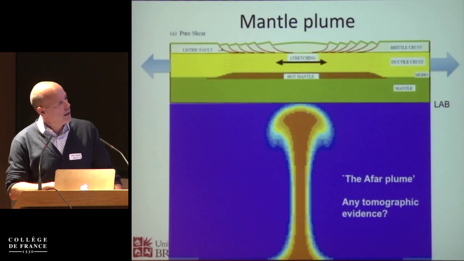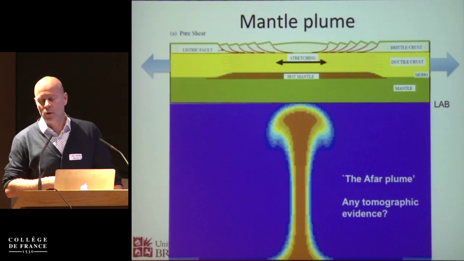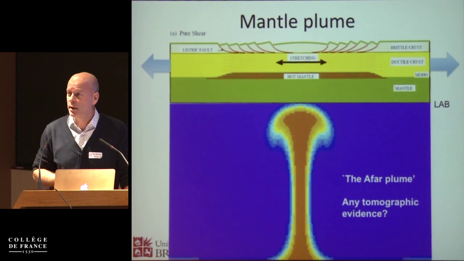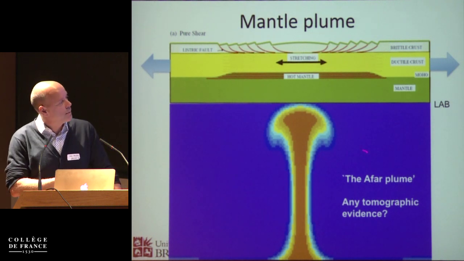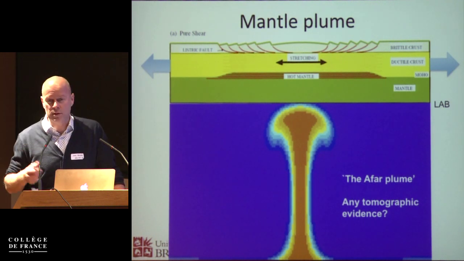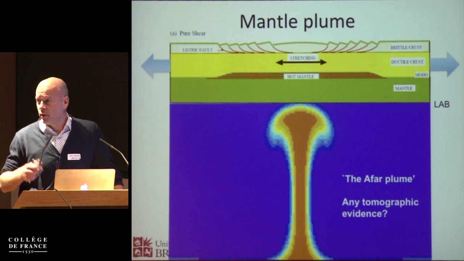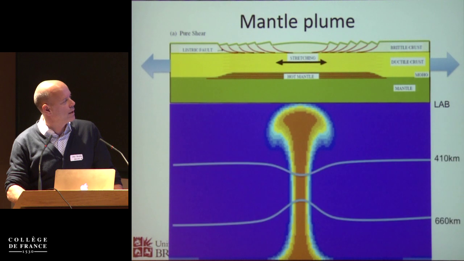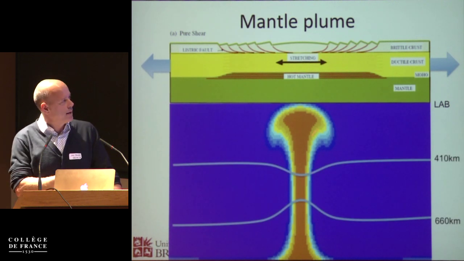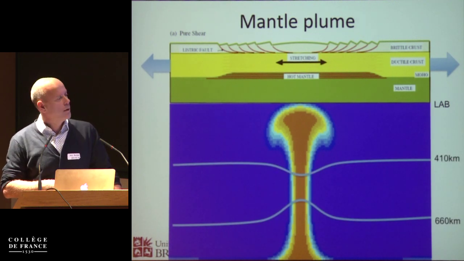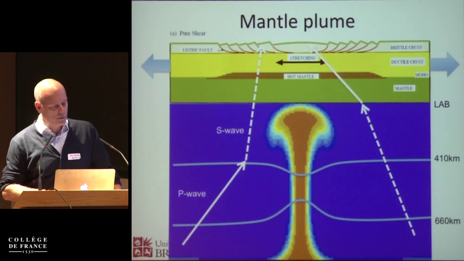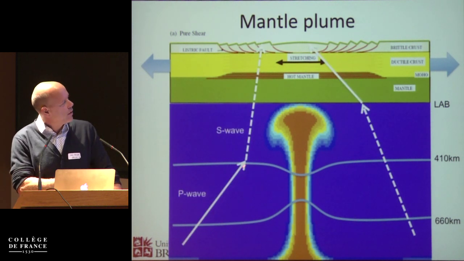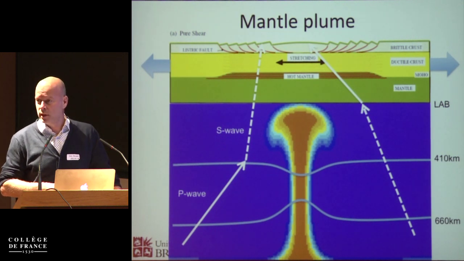So very often, to get rifting, a plume is invoked, or a plume certainly helps things along a bit. And for many decades, people have talked about the Afar plume, and I guess another question for a seismologist is, is there seismic evidence for a conventional-looking plume in this area? One way we might look for that is tomographically imaging it, but another is, again, using receiver functions to see if there are conversions off the 410 and the 660 kilometer discontinuities.